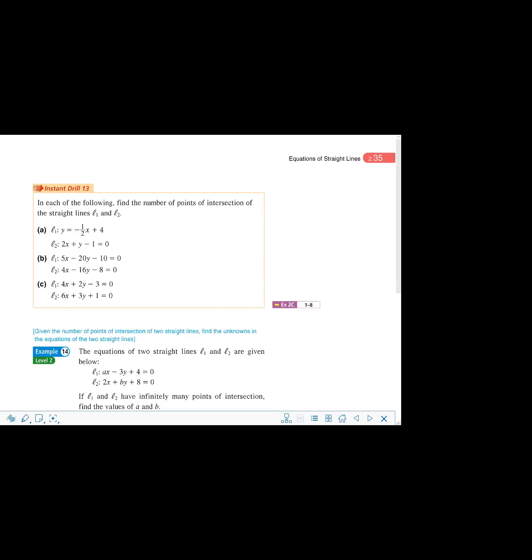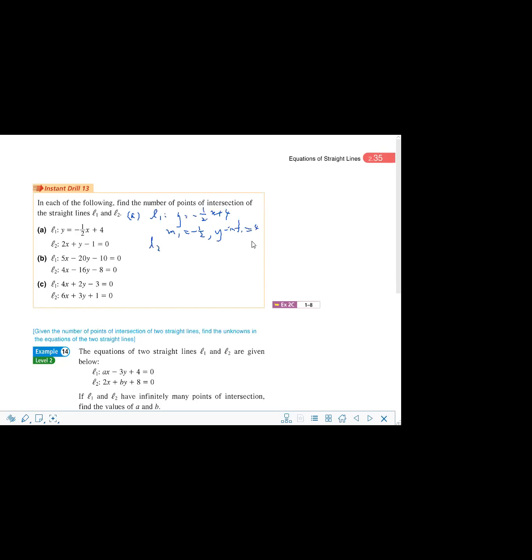Okay, let's check the answers. Part A. For L1, y is equal to negative 1 over 2x plus 4. So it is already in a good form. So m1 is negative 1 over 2 and y-intercept 1 is equal to 4.